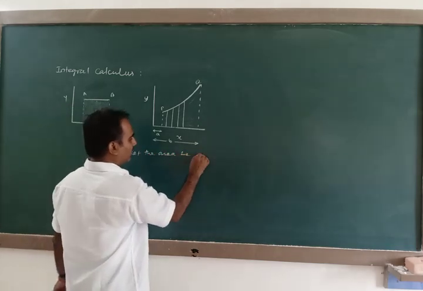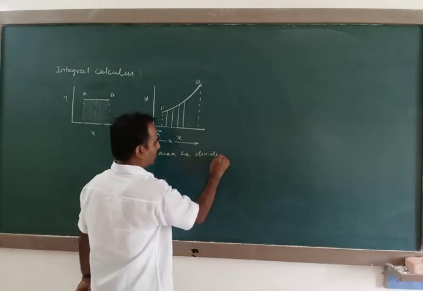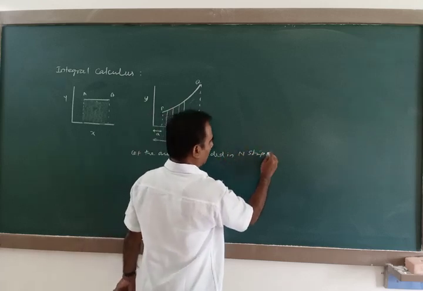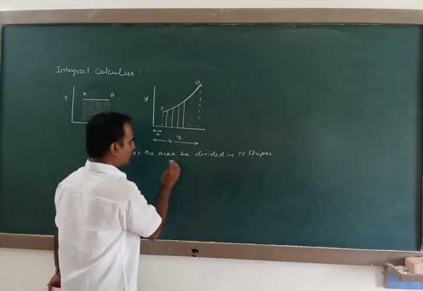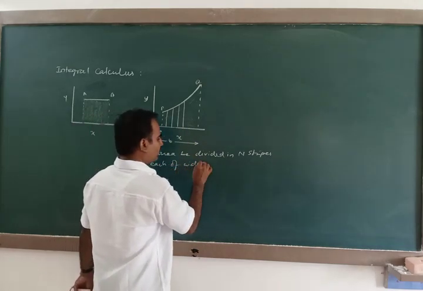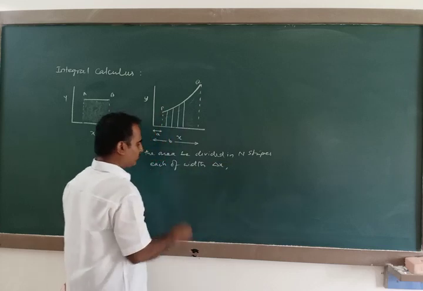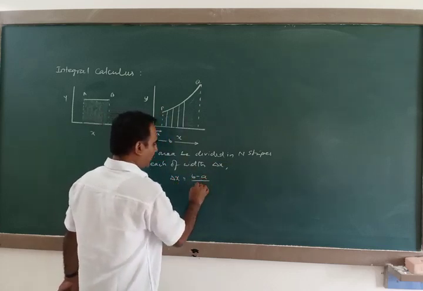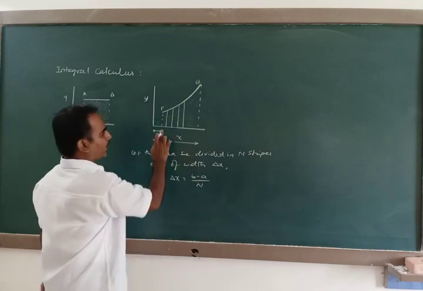Let the area be divided into n strips, each of width delta x. Then this delta x can be written as b minus a divided by n.